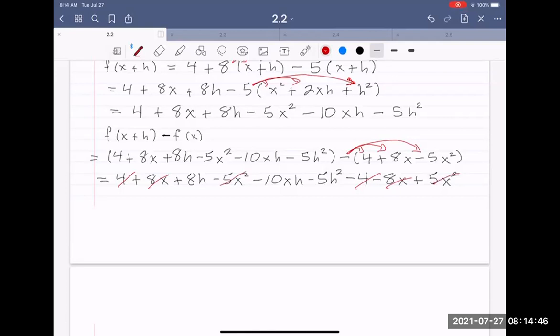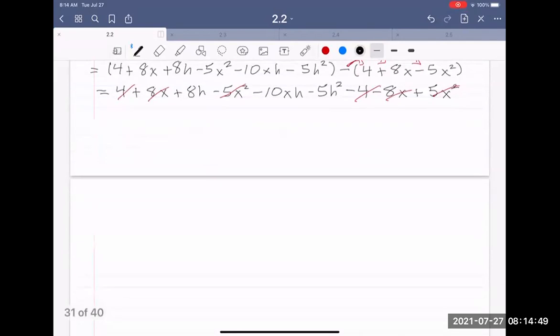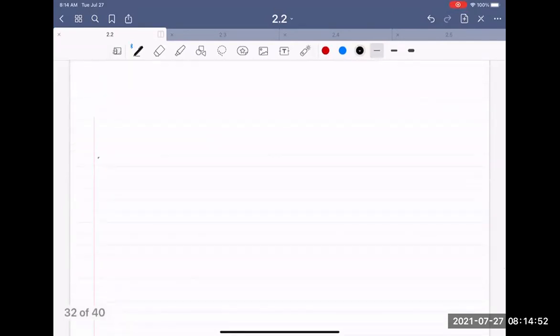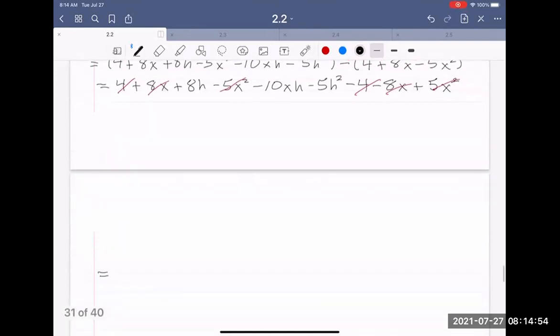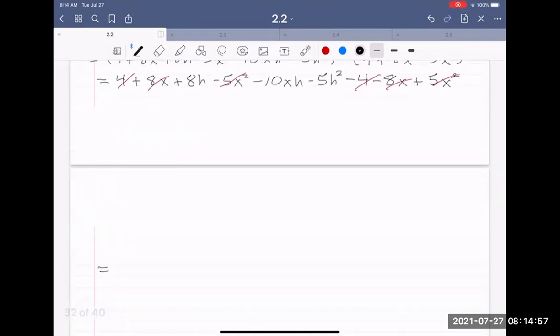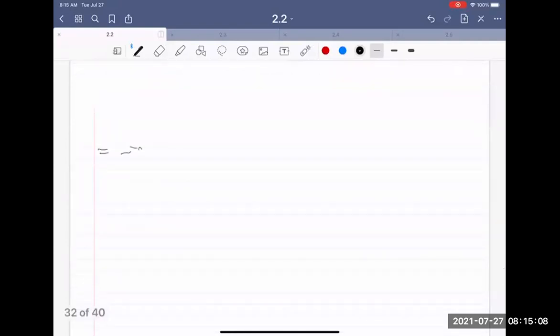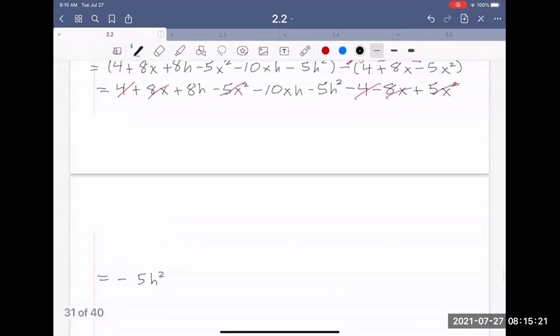And so I get a negative, let's write this first, negative 5h squared, so that's this term.